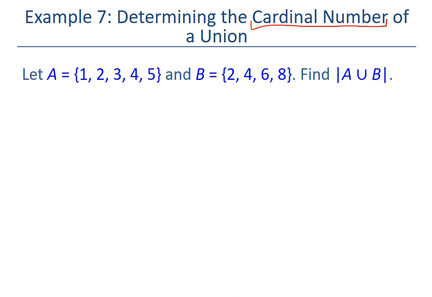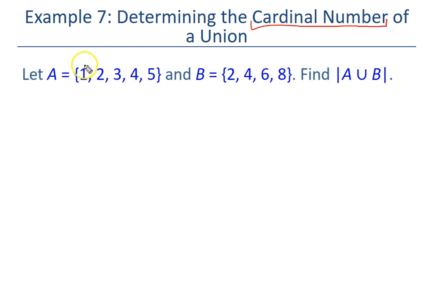Now, a little more background for this next item, which is determining the cardinal number of a union. Now, what does that refer to? Well, the cardinal number is the number of elements in a set.